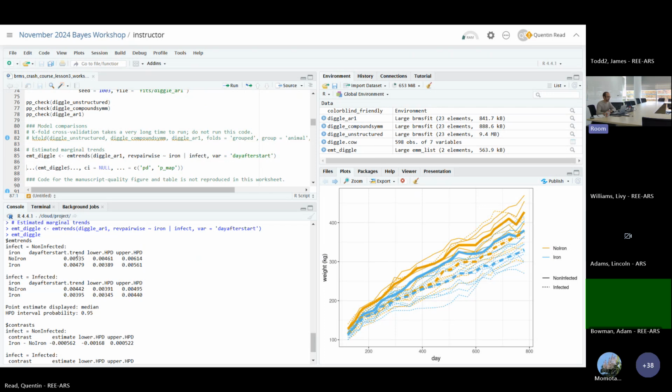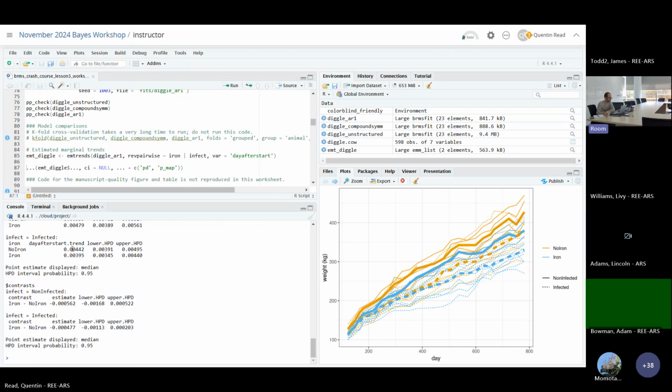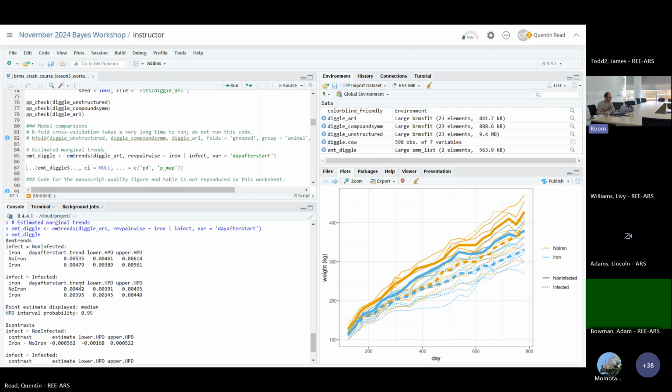The no iron and iron within non-infected cattle, in units of standard deviation per day, are both around 0.005, with a credible interval it doesn't seem like there's much difference there. The infected cows are both maybe a little less than the non-infected, 0.004, but there's not really any difference in weight gain rate, I would say, based on iron supplementation.